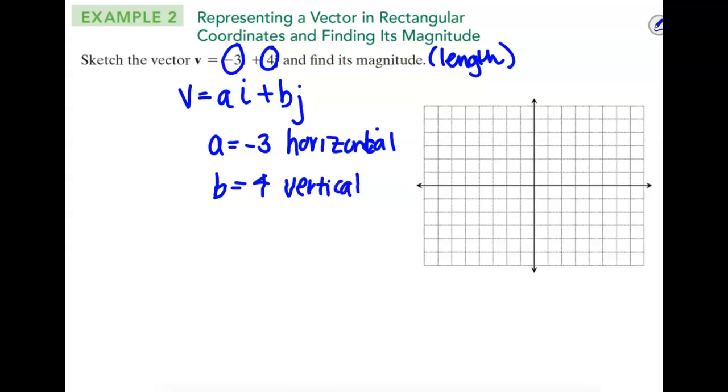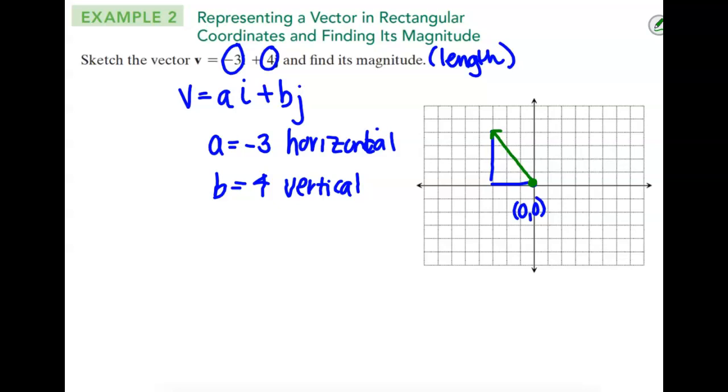So you always start off at the origin, 0, 0. And now we're going to go 3 units to the left and then 4 up vertically. So the vector is completed by going 3 to the left and then 4 up.